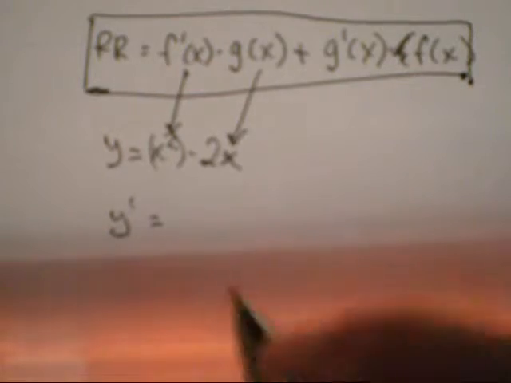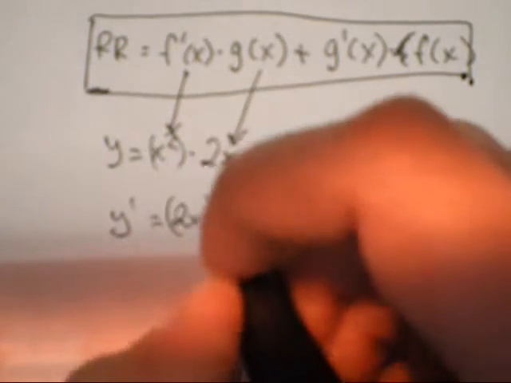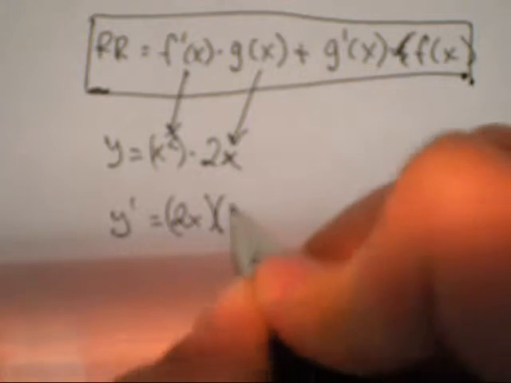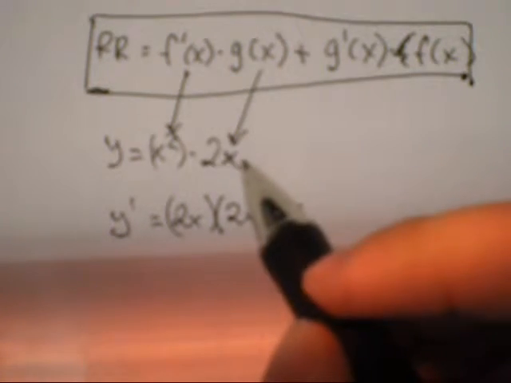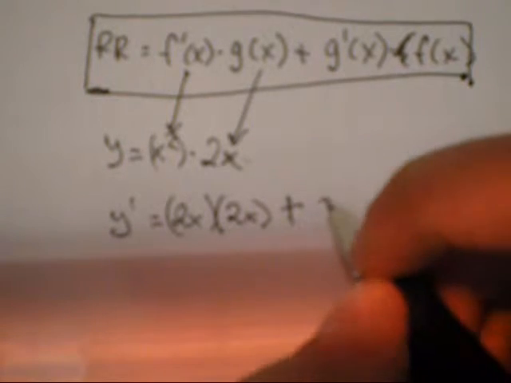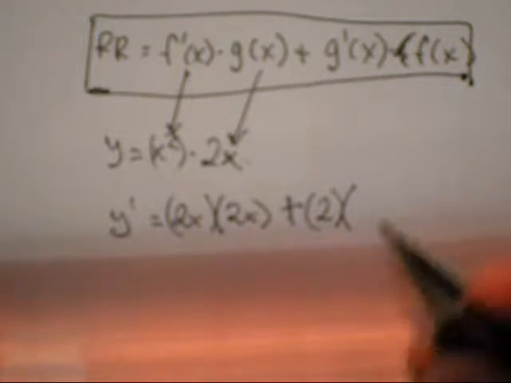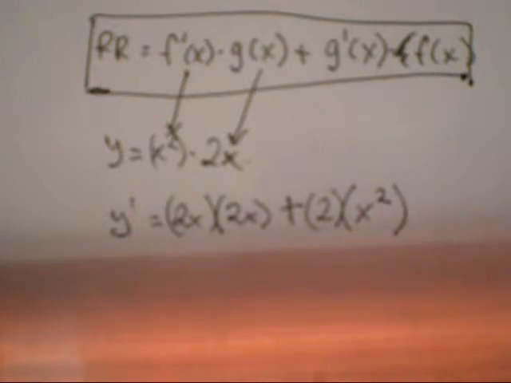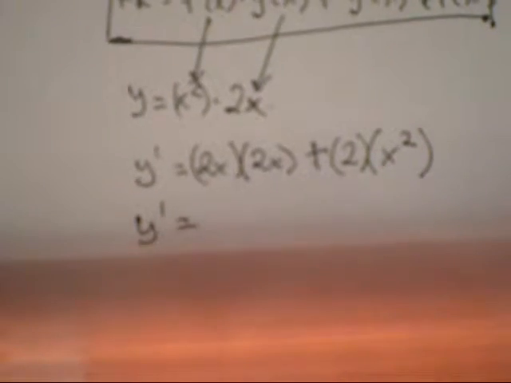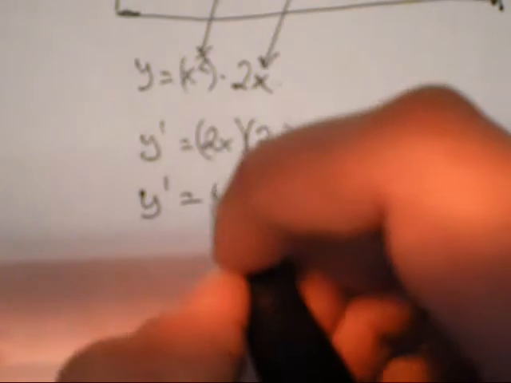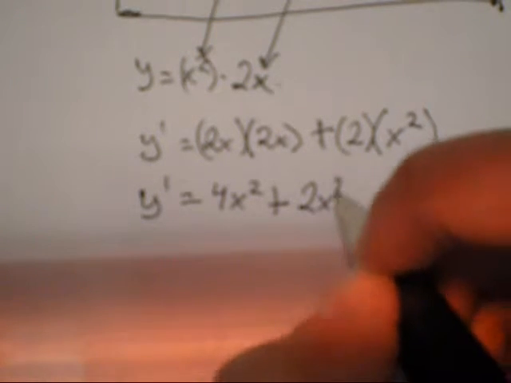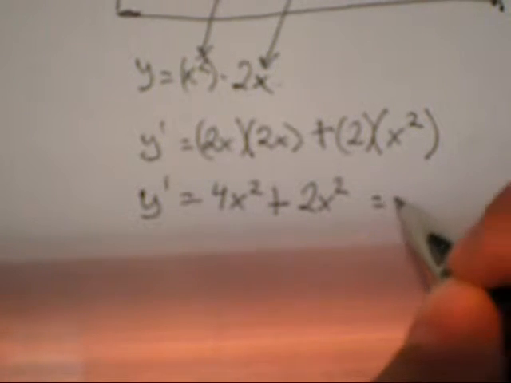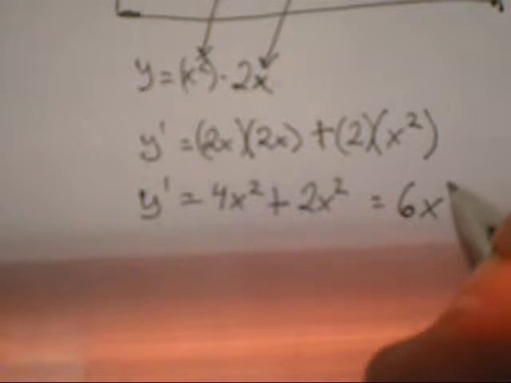So then f prime of x squared is just 2x, and then you keep the g of x, which is just 2x, plus g prime x. So what's the derivative of 2x? It's just 2. And then times f of x, which is x squared. So in the end we get y prime equals 4x squared plus 2x squared, which if we simplify that equals 6x squared.